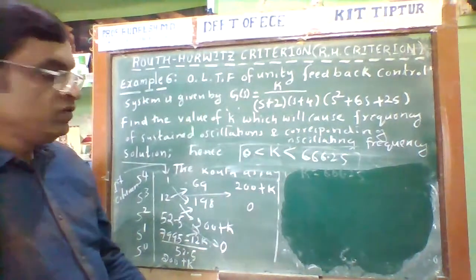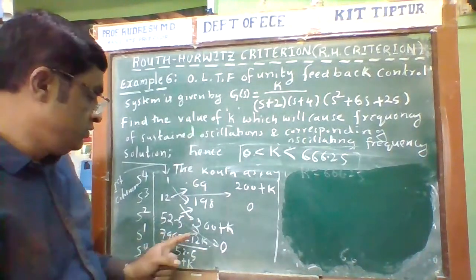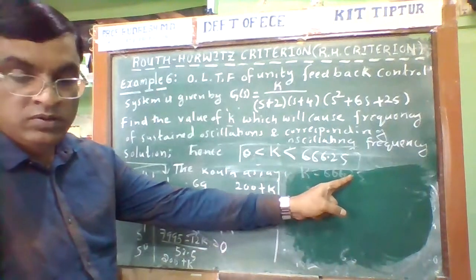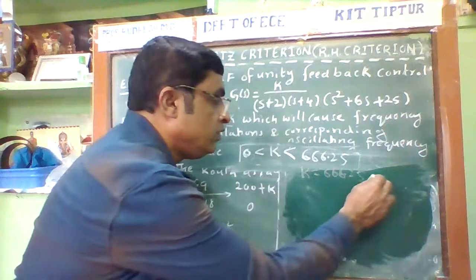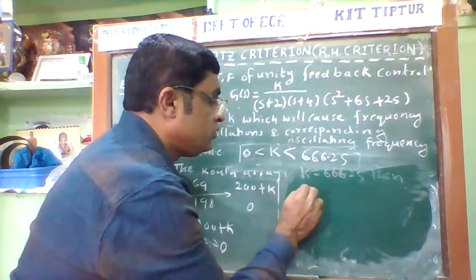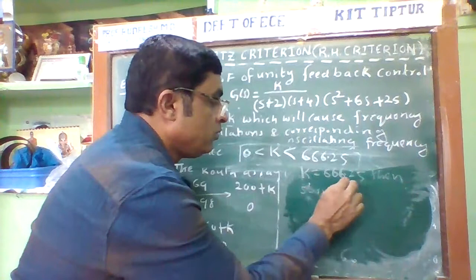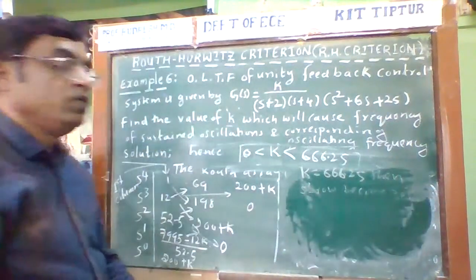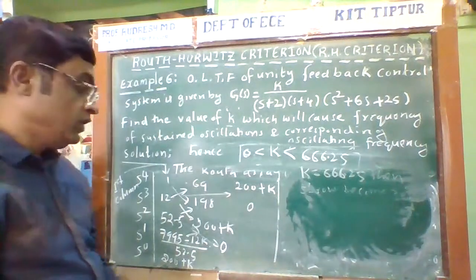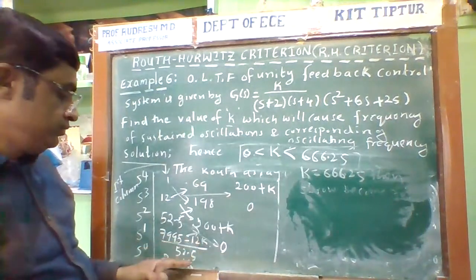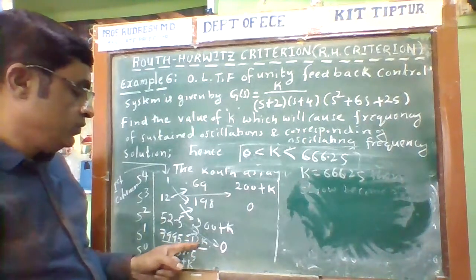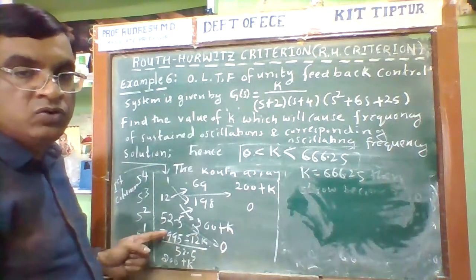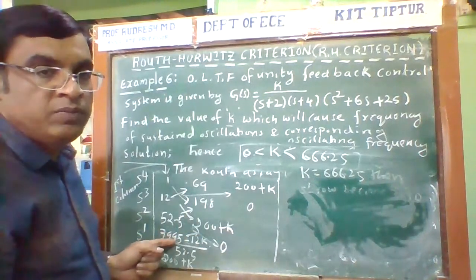When K is equal to 666.25, the s to the power of 1 row becomes 0. If I substitute this value, it becomes a zero row.